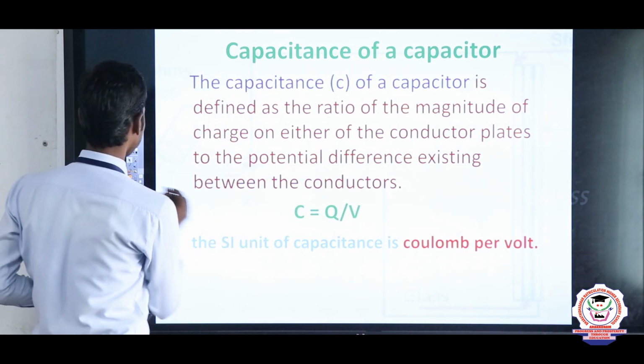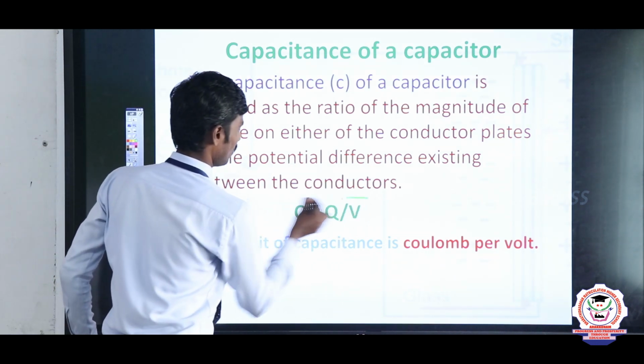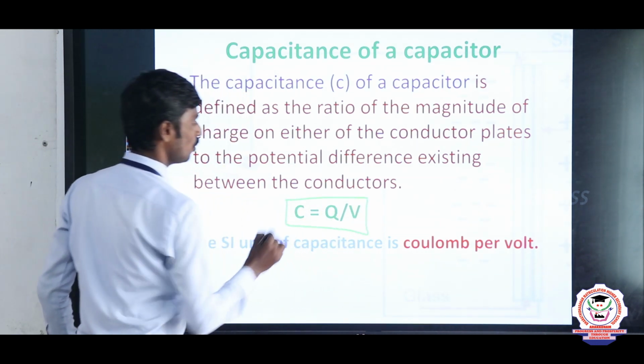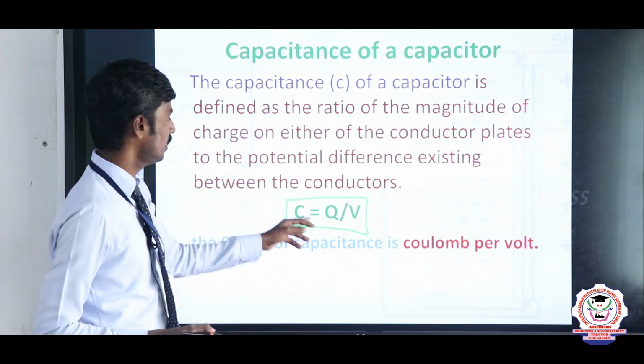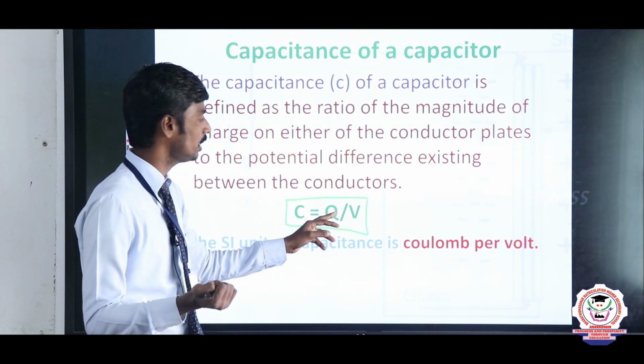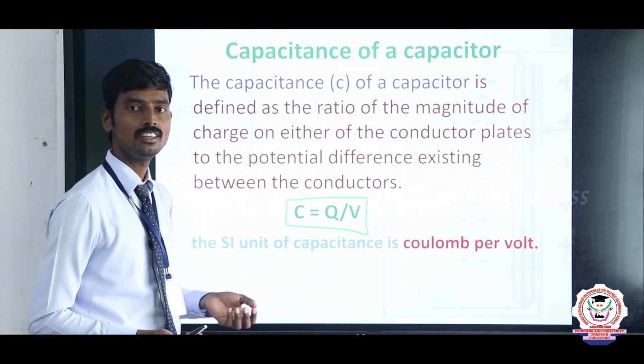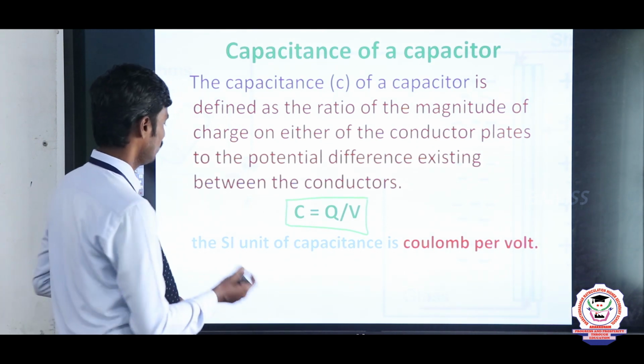In other words, C equals Q by V: the charge stored in either plate divided by the potential difference between the two plates. This is a very important 2 mark question. Discuss it in your study material.